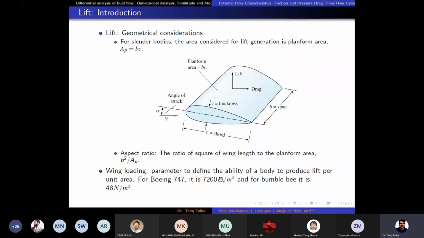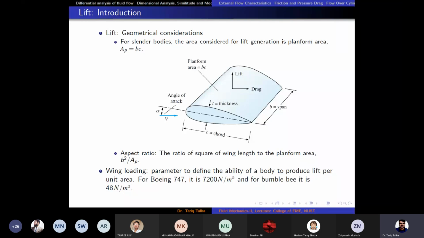But if we talk about the bumblebee, it has got only 48 Newton per meter square, but because it is very light in weight, it can travel very easily. For the commercial aeroplane, we need to generate very high lift force per unit area. So that is defined by the wing loading.